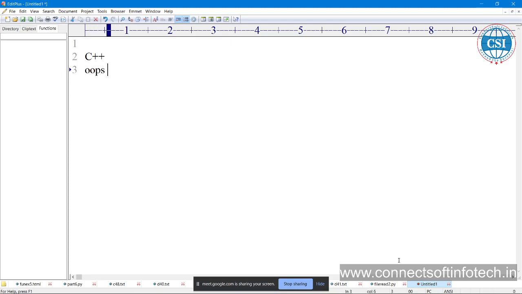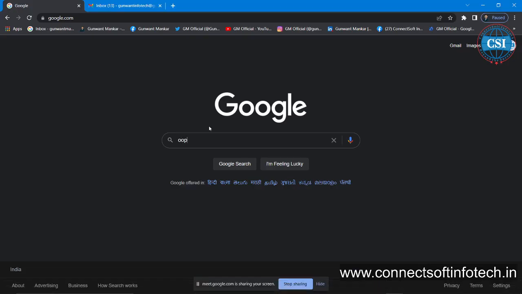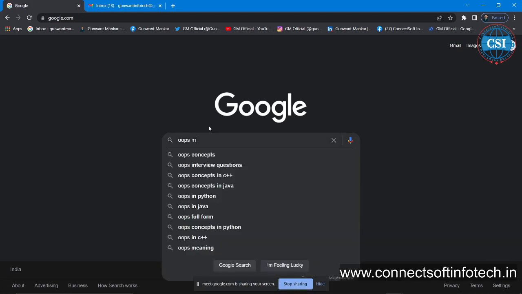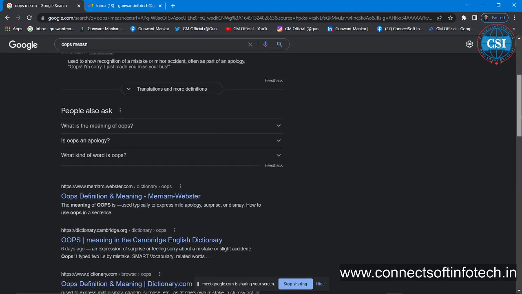OOPS means object oriented structure. Here, OOPS means what? It stands for structure or system.